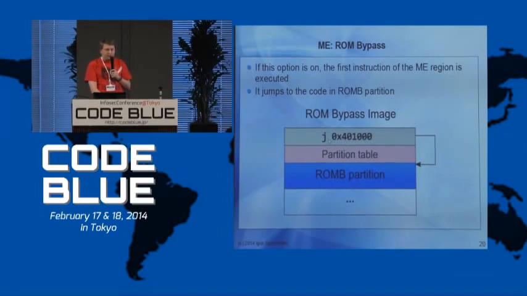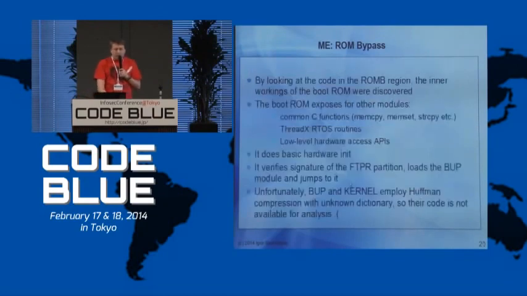This first instruction is just before the actual partition table, and it's a single jump instruction that jumps into the code in this ROM bypass partition. This partition is not signed, it's not verified. So whatever is in there is being executed. This would be a nice way of executing your own code.